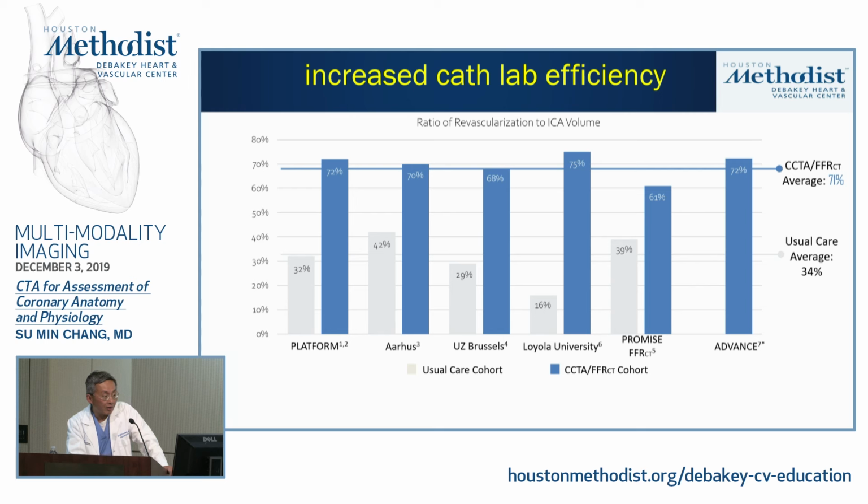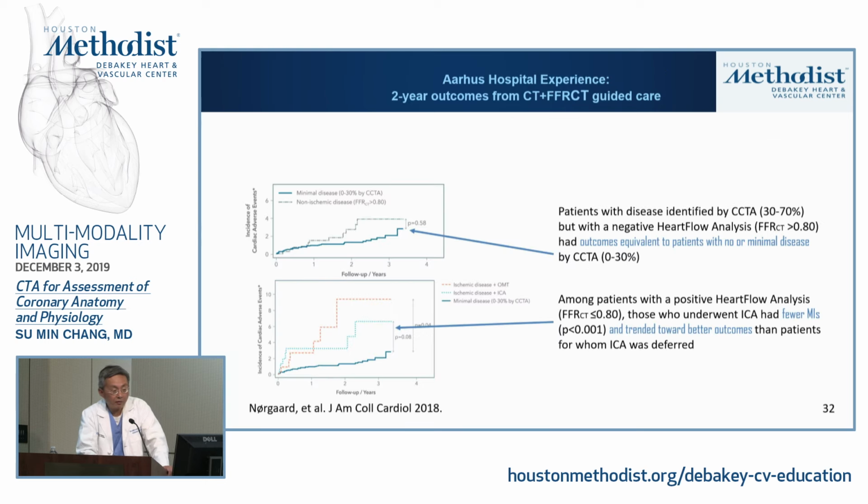This we already talked about: it increases cath lab efficiency. The efficiency of the cath lab using the FFR approach is about 70%, with the usual cath only 30%. This is across multiple studies. So this is one thing that probably no one could argue: if you have a CTA and you do an FFR derived from CT, you can eliminate a lot of caths for normal or non-significant stenosis.